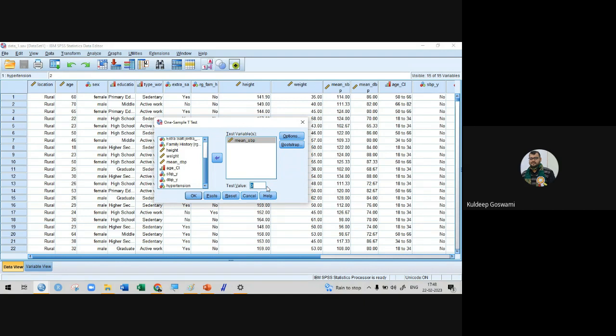So I took 119 as the average value. This is just an example. Probably there is no relevance in the real world, but I'm showing you how to do a one sample t-test. So in my case, I took 119 as the test value and then clicked Paste, OK.